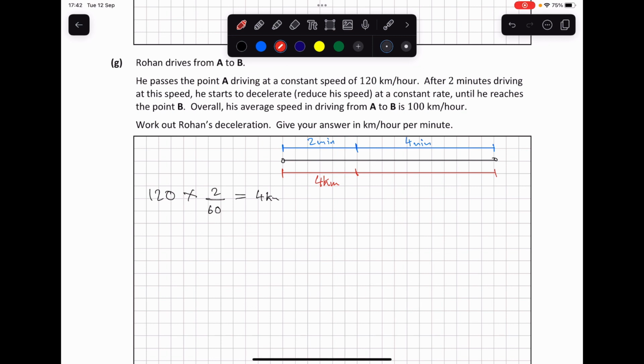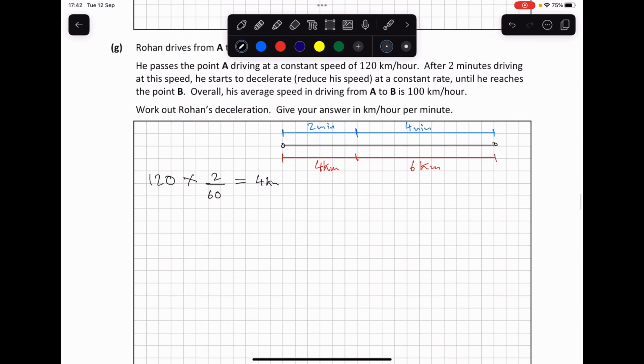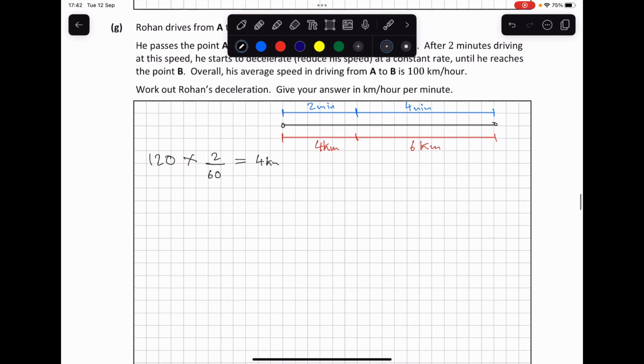And we know left over is 6 kilometers. Yeah, makes sense. Okay. So 4 minutes, 6 kilometers. Let's try to get the average speed there and maybe we can figure something out. If you do 6 kilometers in 4 minutes.